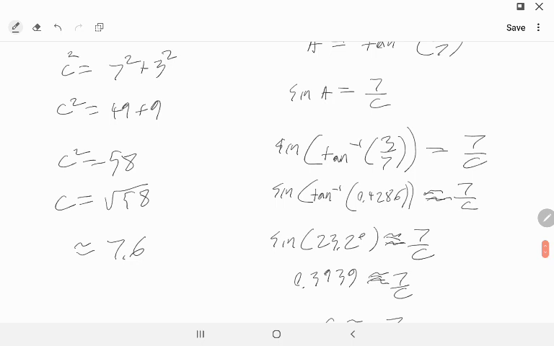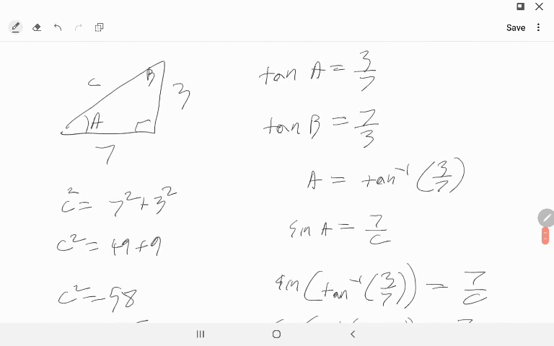So we have 0.4286 is correct. And if we take inverse tangent, we get 23 degrees. Oh, that's the trouble.